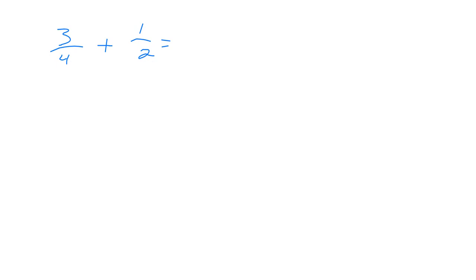So I could come off to the side and take 3/4 and multiply it by 2/2. Okay? I got the 2/2 because of this denominator right here. And then I could also take the 1/2 and multiply it by 4/4.